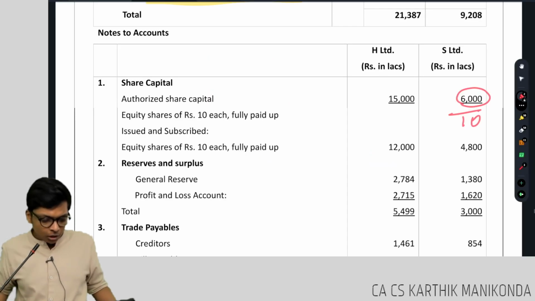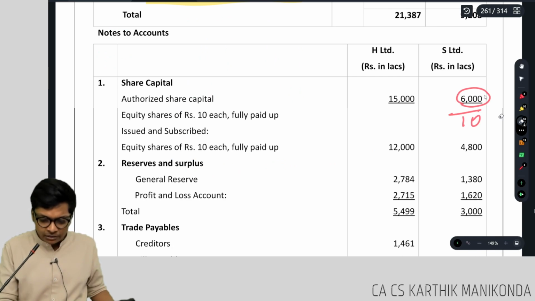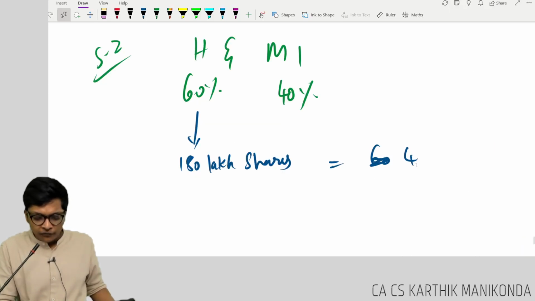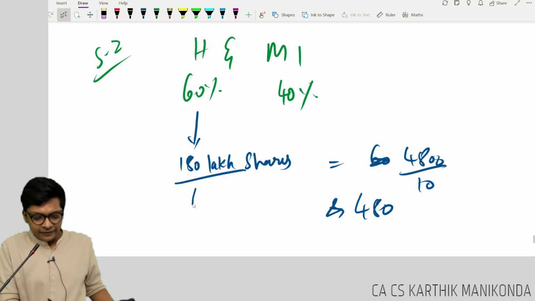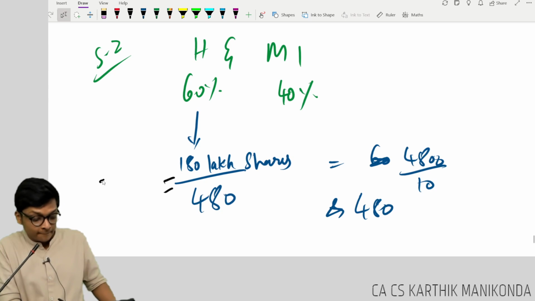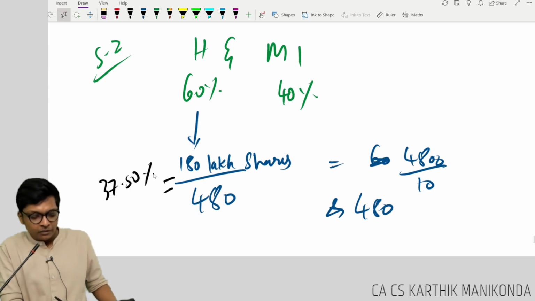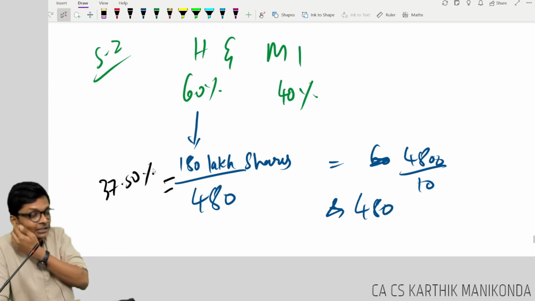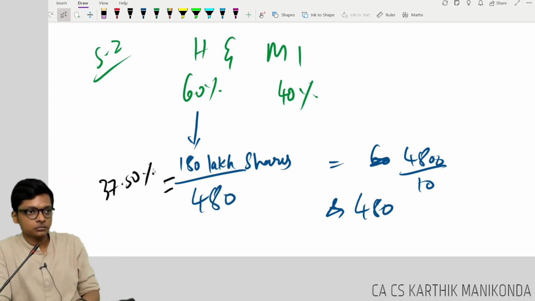That is authorized, sorry, issued is 4,800 divided by 10, not paid up capital. So 4,800 divided by 10, you get 480. So 180 divided by 480, percentage how much, guys? 37.5. How many of you got this? 37.5. That means consolidation itself will not come, no.